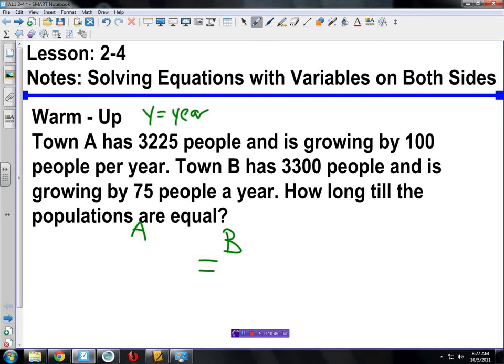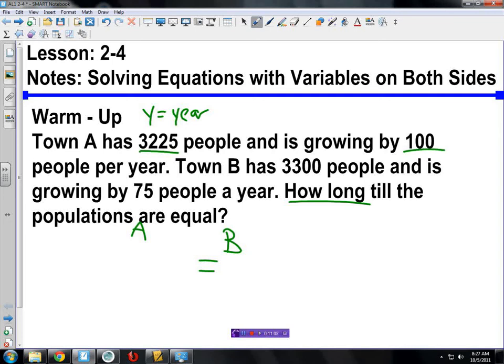You can tell what the variable is by looking at that last sentence where they ask a question. It says, how long, right? So what part do I not know? How long it takes, right? So we'll say Y is year. Right. For town A, we have 3225 and 100.